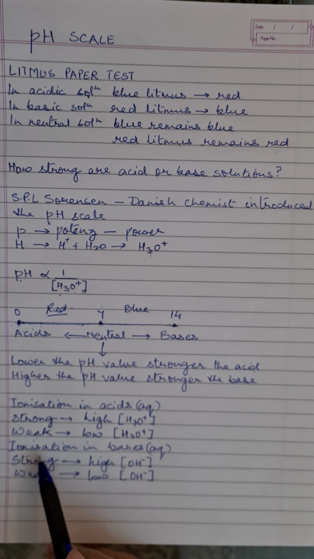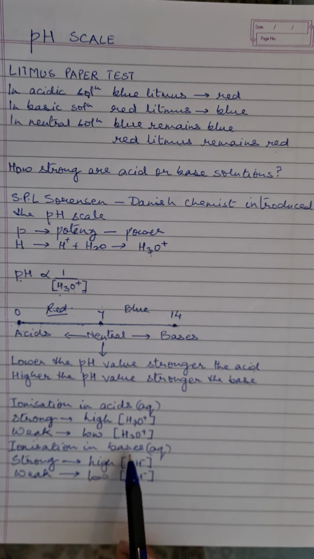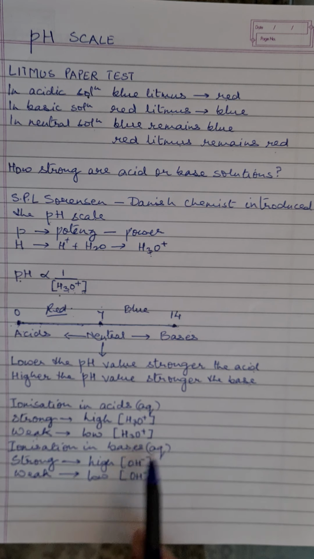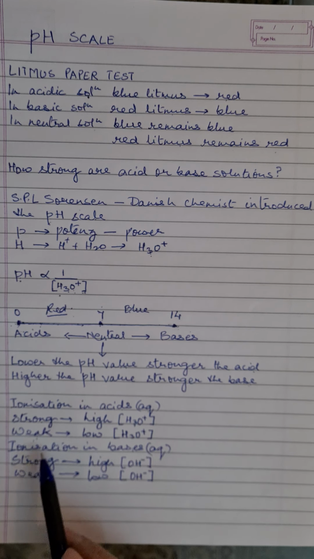Now, similarly, for bases in the aqueous solution, if they completely ionize, that is, they completely dissociate or dissolve, those bases are known as alkalis, for example NaOH, KOH.